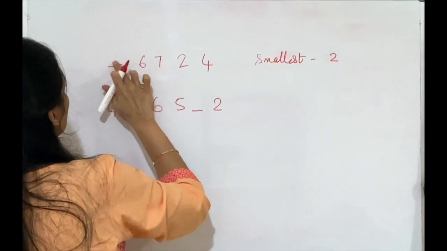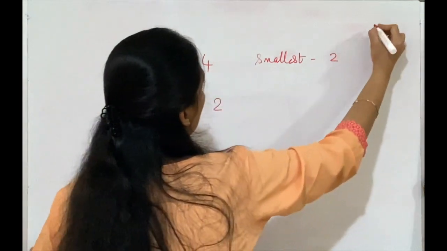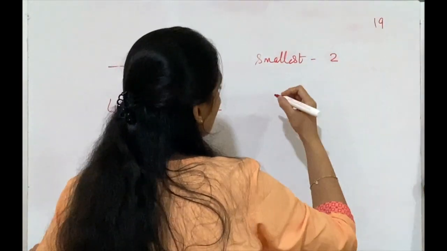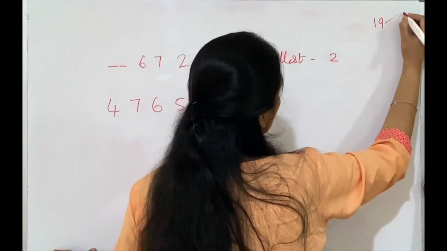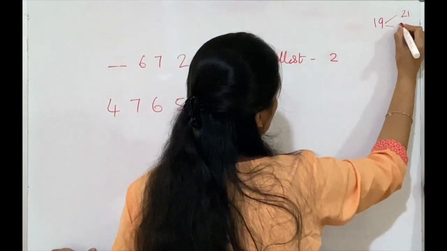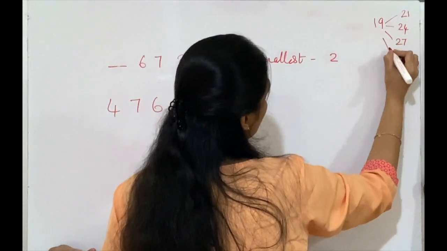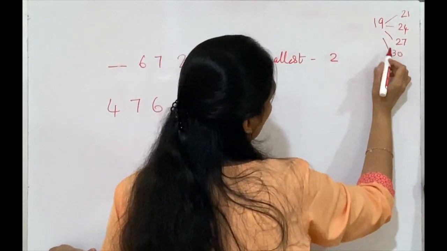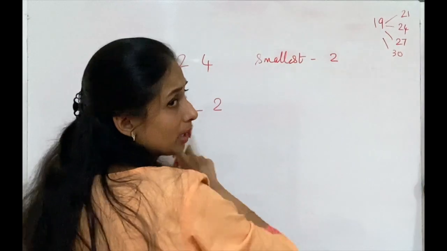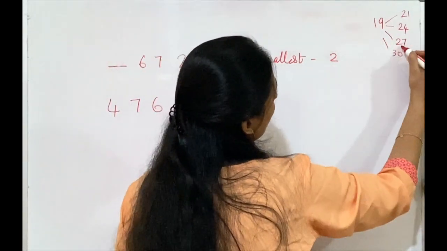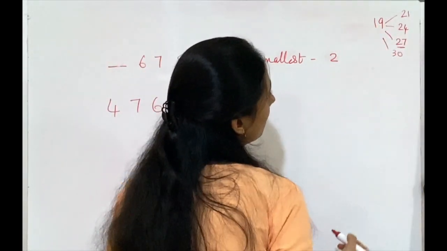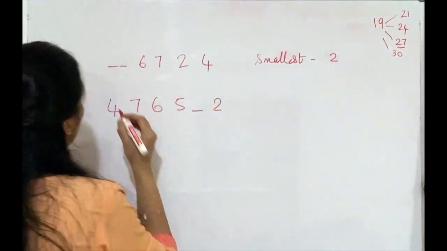Okay. What about the biggest number? So our sum is 19, right? So what else can we have? 21, 24, 27, right? And 30. So we cannot have a 2-digit number because we have only space for 1 digit, right? So what about this number? 27 minus 19 is 8, right?